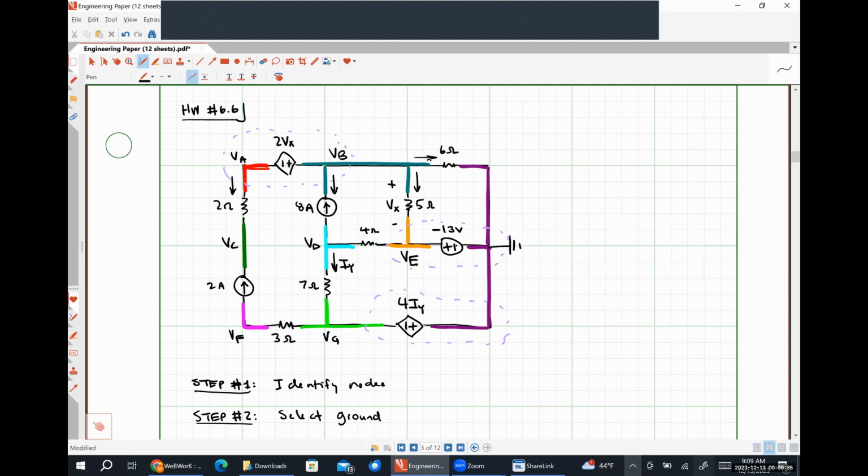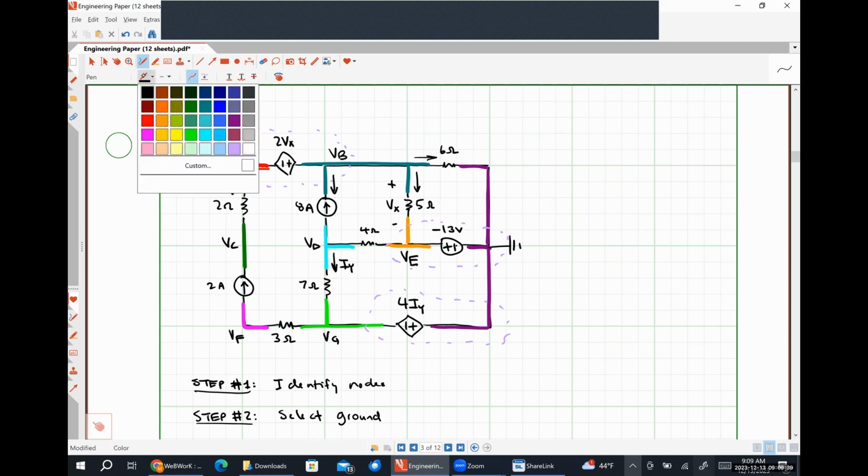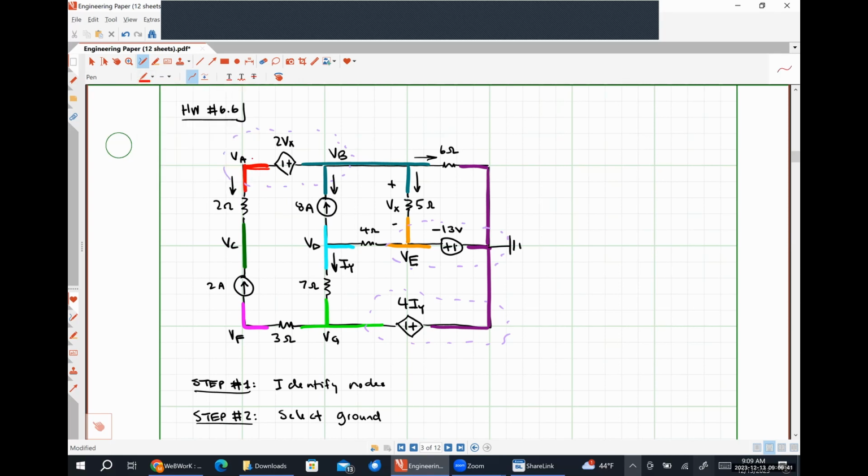Now, some of you may be astute enough to observe that technically speaking, we have this current flowing through the voltage source from left to right that's leaving node A. We also have a current that's flowing through the voltage source that's leaving node B. Those currents cancel each other out, which is why they're not going to show up in our equation.